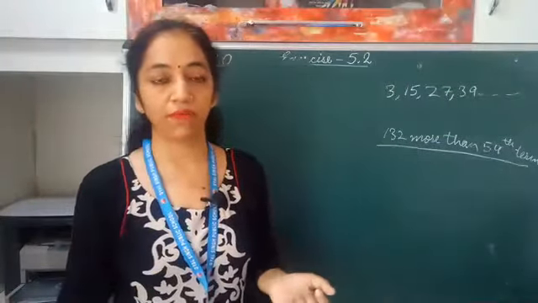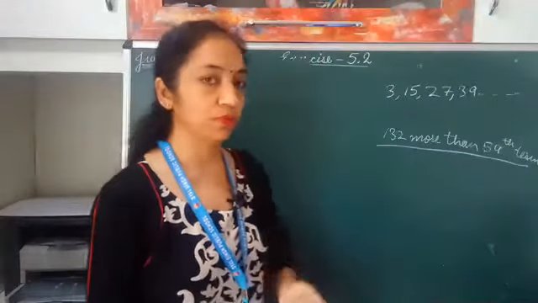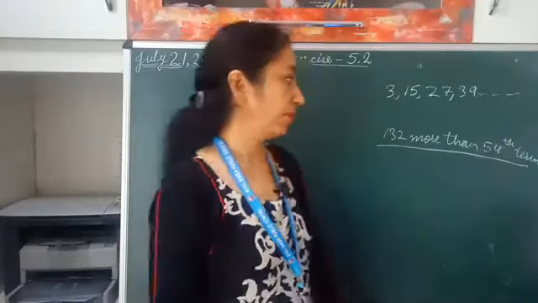Which term means we have to find out the value of n. So here we are going to assume, let its nth term will be 132 more than the 54th term.